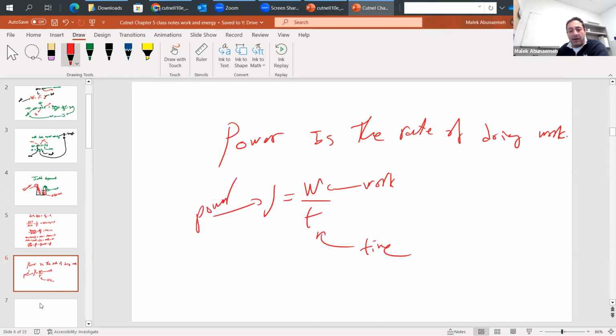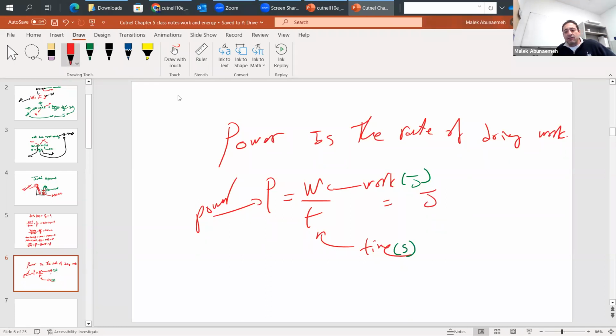Actually, let me write it right up here. P for power. Now, your work, in terms of units, we define as joules. We define the time as seconds.